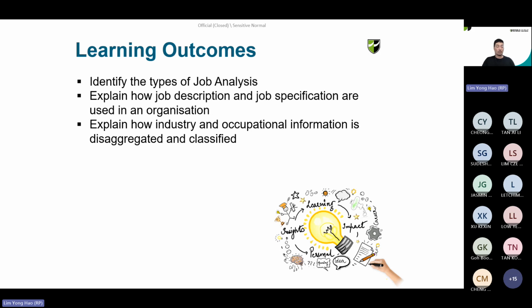The introduction of perhaps Gen AI, or rather the increasing prevalence of looking at certain things when people are hiring, has changed a bit of the perspective on some of the more traditional view of job analysis. So we try to cover a bit of that, but perhaps not everything. Today's class will probably finish a bit faster, and if we have a lot more discussion on this part, then we can definitely have a bit more time to discuss this towards the end.